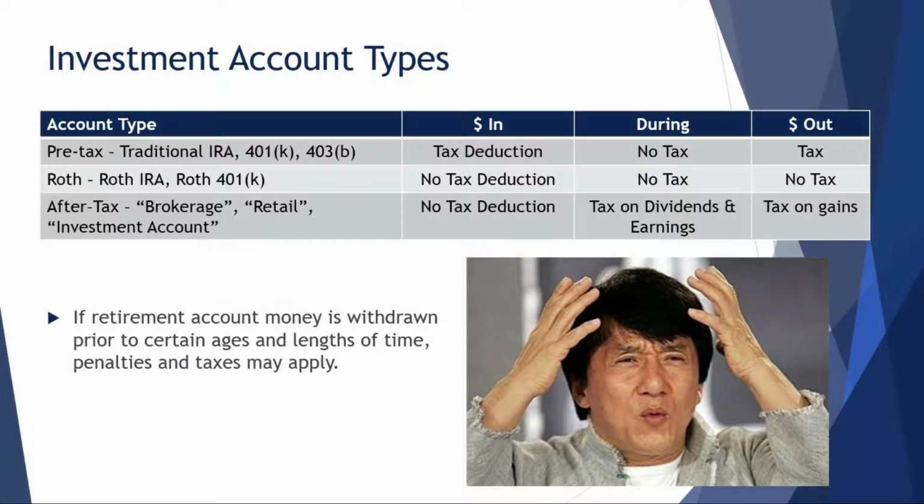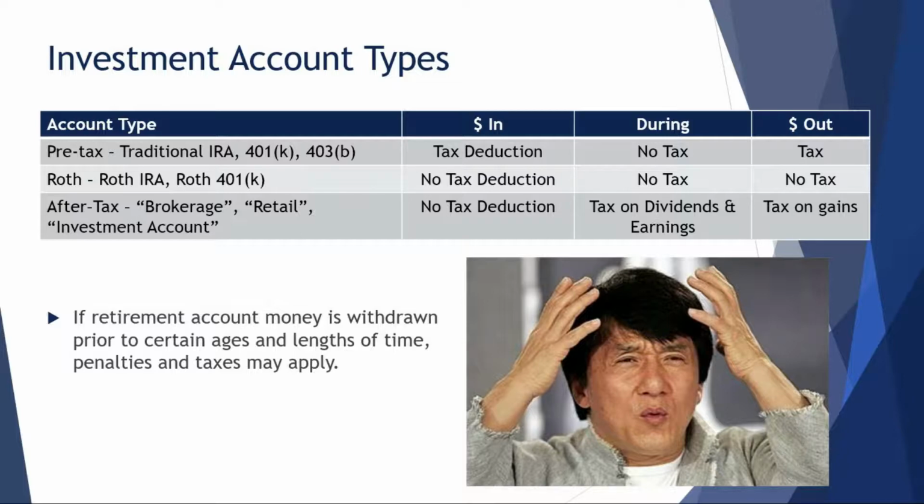The first thing to remember is all of this stuff means is it dictates how your investment dollars are taxed. So we've broken it down into when you put your money in, while your money's invested, the during period, and then when you take your money out. So we've got pre-tax investments. That's your traditional IRA, your 401k, your 403b, simple IRA, SEP IRA, you may hear it called.